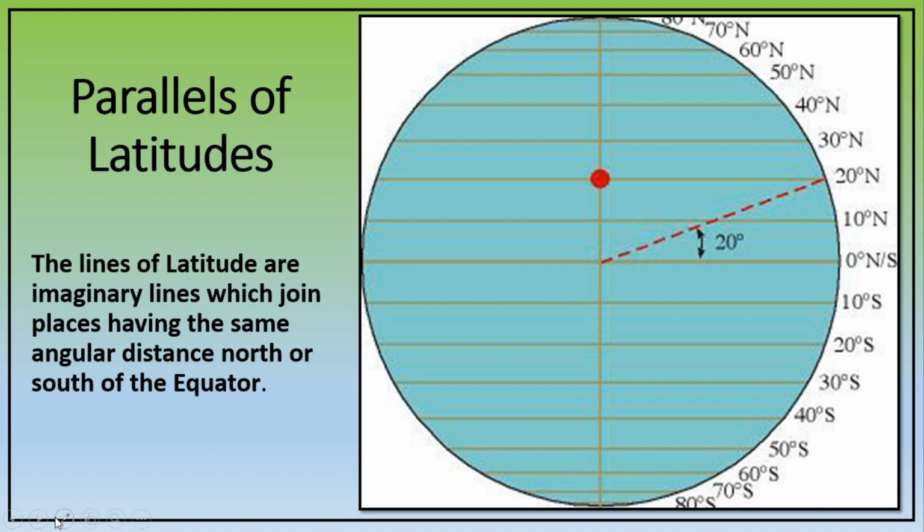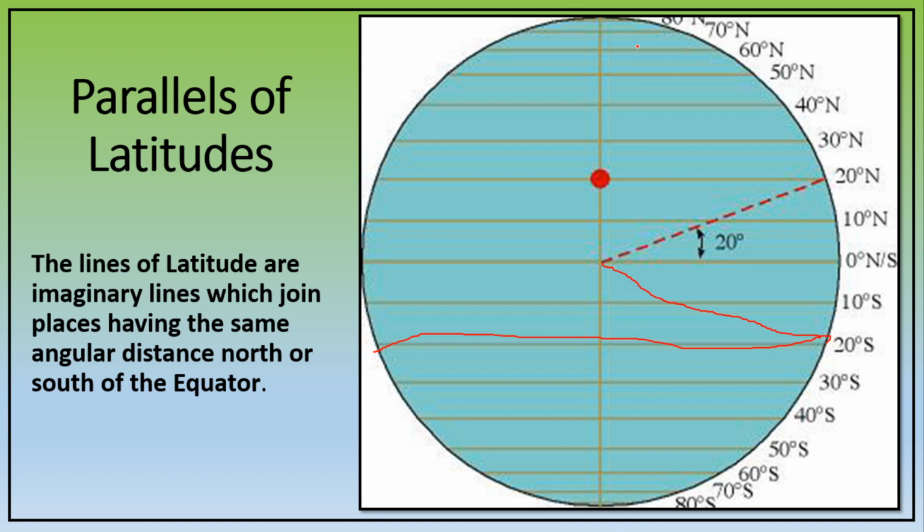Similarly, if I make an angle at 20 degrees south from here, this will become the 20° south latitude. Similarly, there are several other latitudes, 30, 40, 50 and so on.